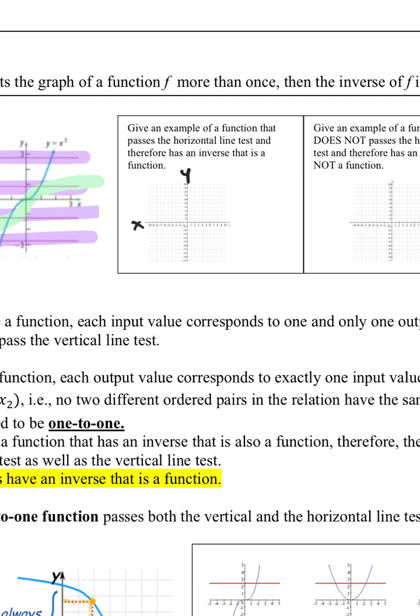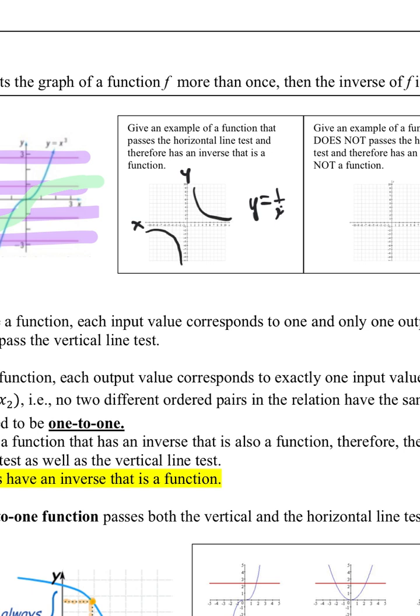Can we think of our library of parent functions that we've worked with before? Y equals x. Okay, that is true, yes. Can we think of another function that we've worked with that passes both the vertical and the horizontal line test? Y equals 1 over x.